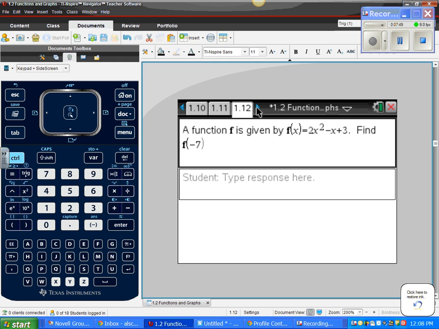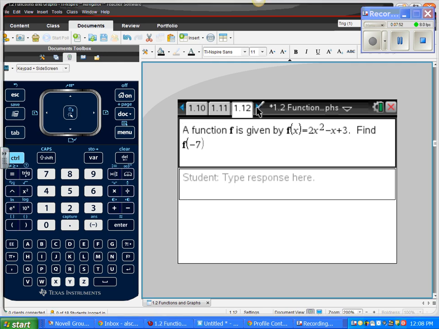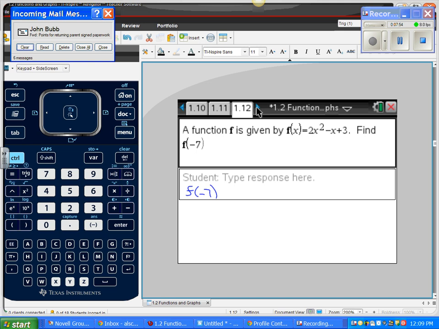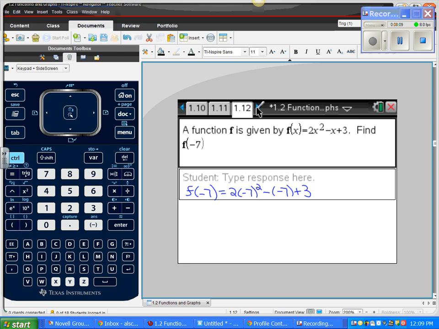Okay, so we're going to do the same thing here. f of -7. Okay, exponents first. -7 squared is 49, minus a -7, which we could just go to plus 7.